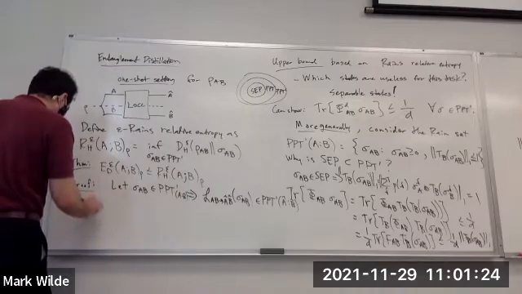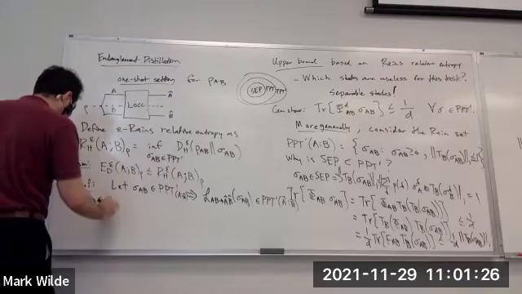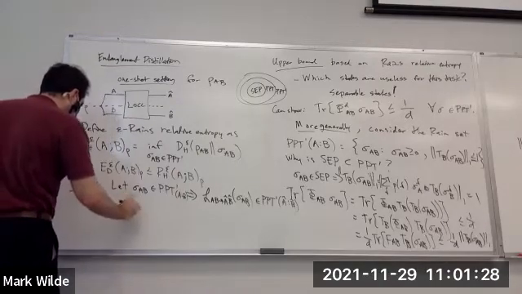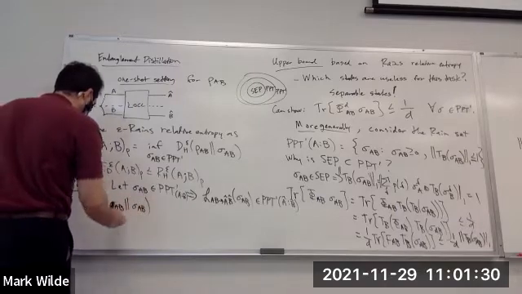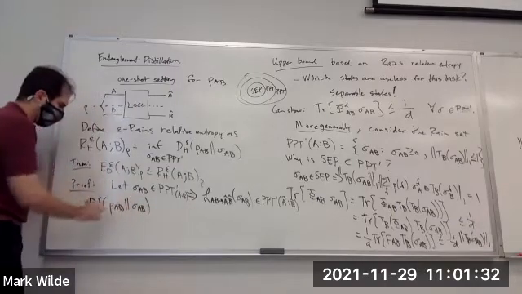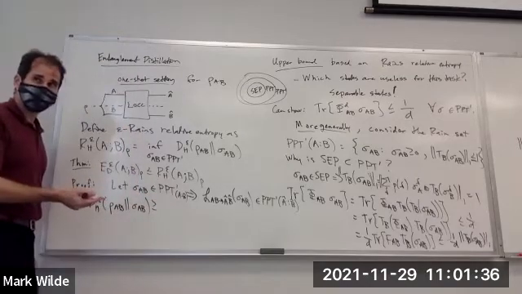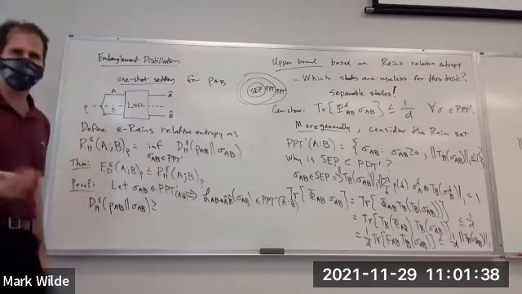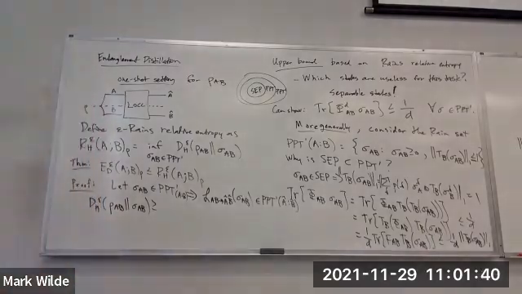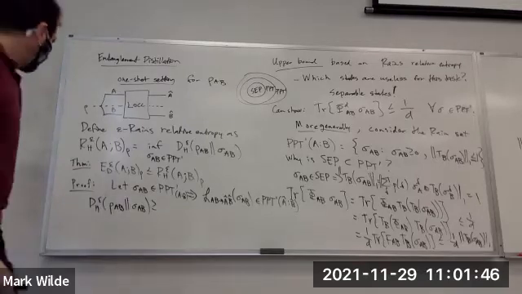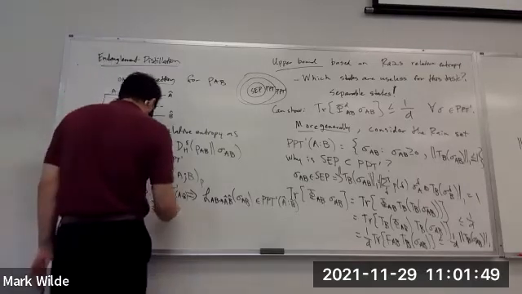what does it imply? You can take rho and sigma and then use data processing for hypothesis testing relative entropy. Remember, we're in a converse proof now. We're in an optimality proof. And so the key concept is always going to be data processing in some way, right? So we use that now.